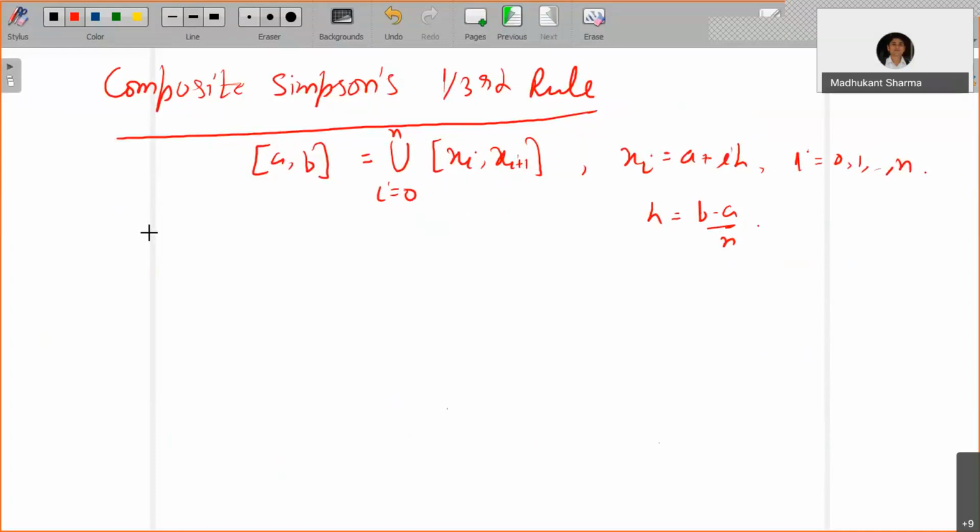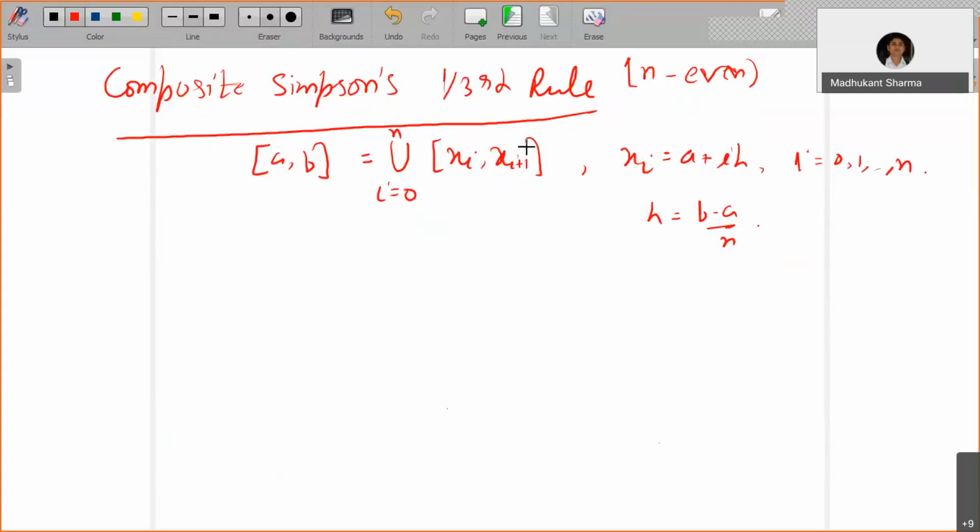Now, I'm choosing here n to be even. So you can write the compact form for Simpson's 1/3. Okay, because many times an even n means the number of points is odd. So many times you don't know the function definition, so you may not be able to get the value of the function at the midpoint.